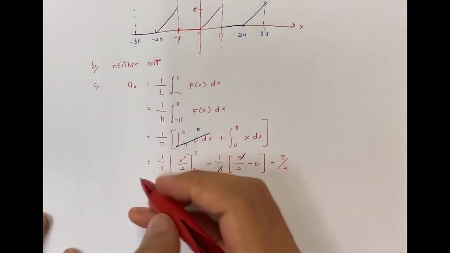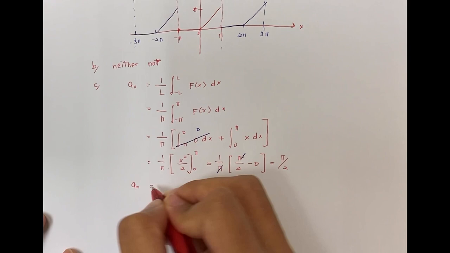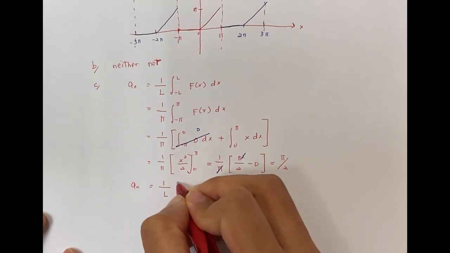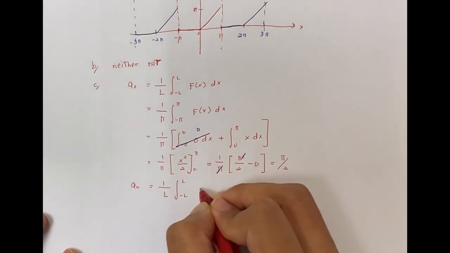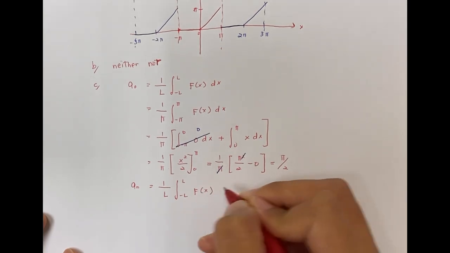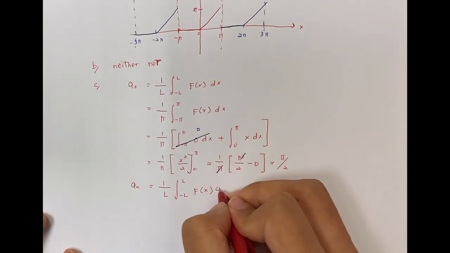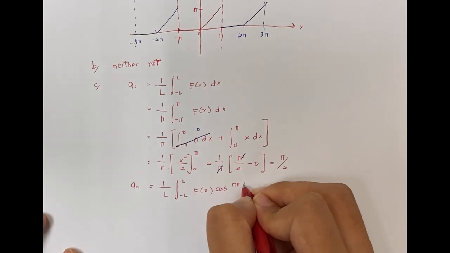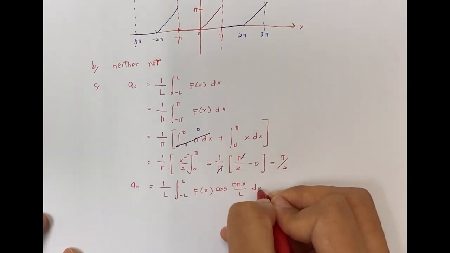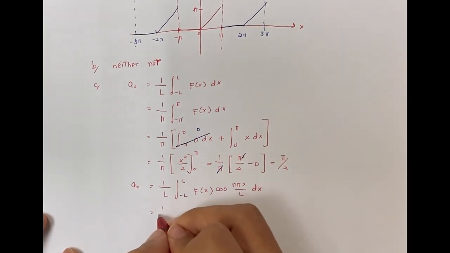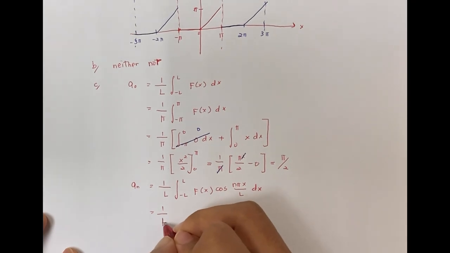Next, find what is your an. an is equal to 1 over L, negative L to L, f(x) must be multiplied with cos(n pi x divided by L) dx. L is equal to pi.